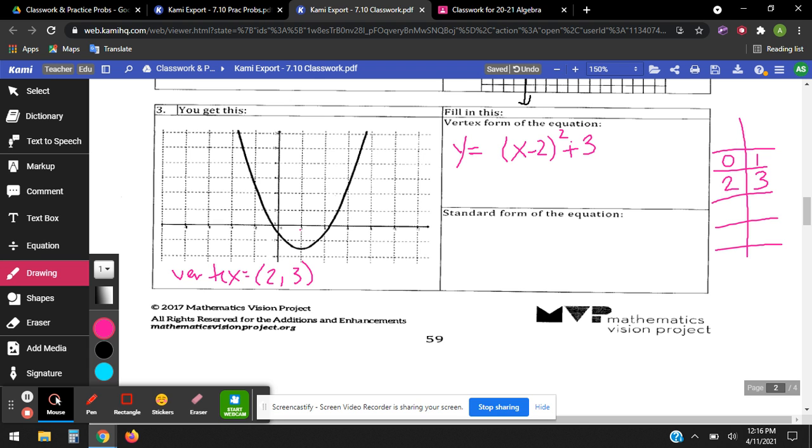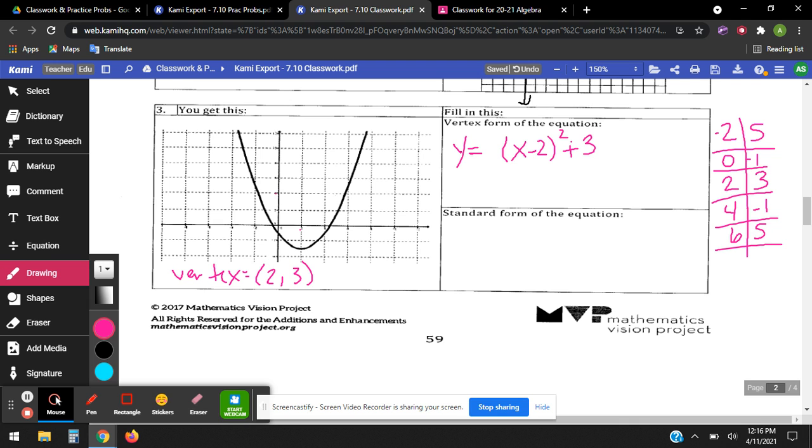And then I have -2 and 5, which means this one's probably going to go 4, -1, and then 6, 5.